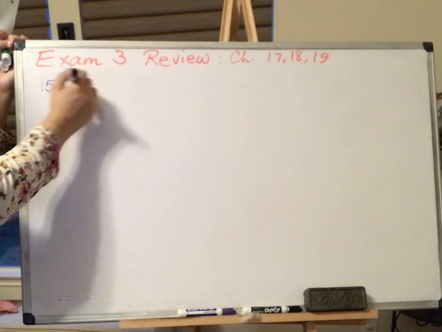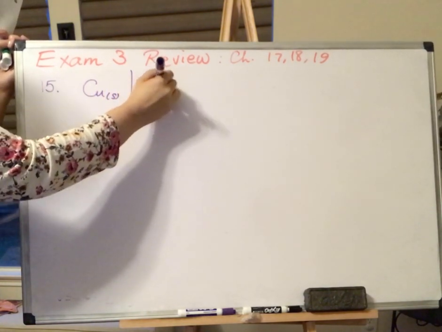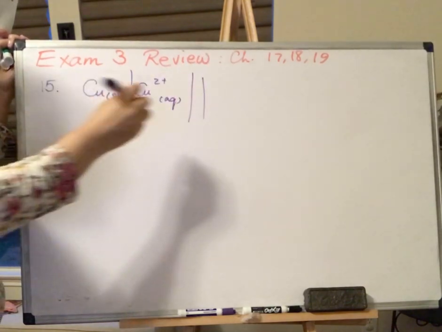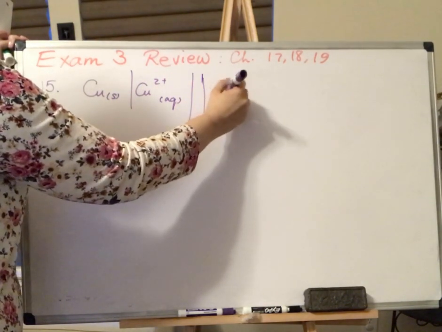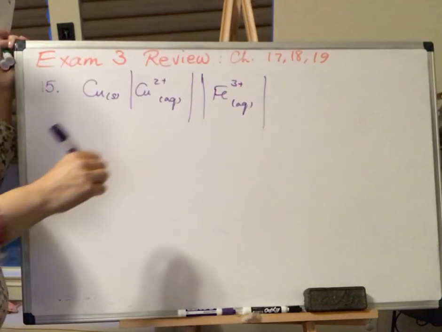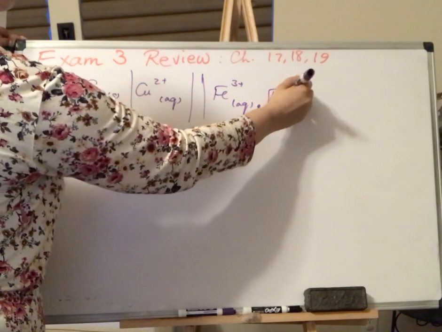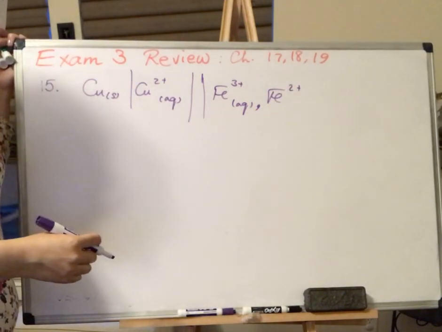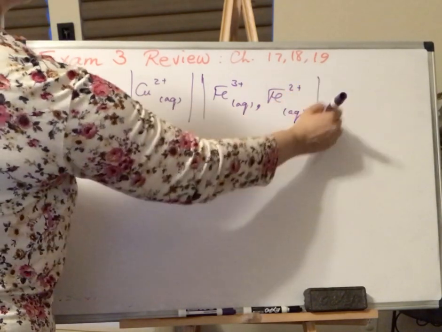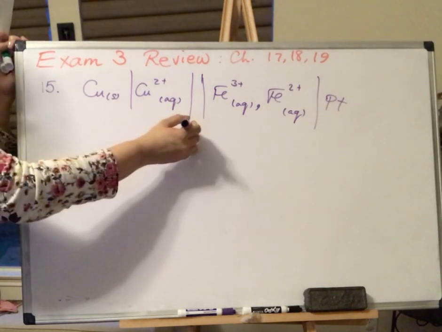Let's write the cell notation. And you have Fe2+. You have the solution of both, and Pt. So which side is it?